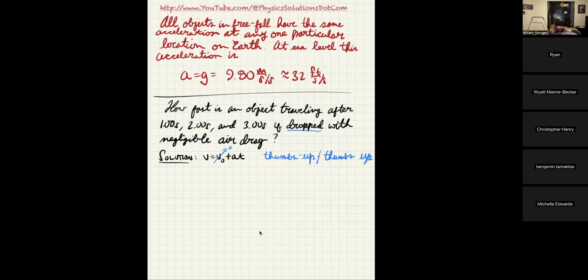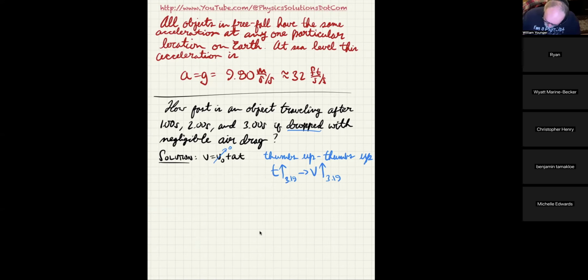Thumbs up, thumbs up. Okay. So that means that if t goes up by a factor of 3.19, then the velocity goes up by a factor of 3.19. Now, if it was t squared, then it'd be a different calculation, but it'd still be thumbs up, thumbs up. I'll show you that in a second.